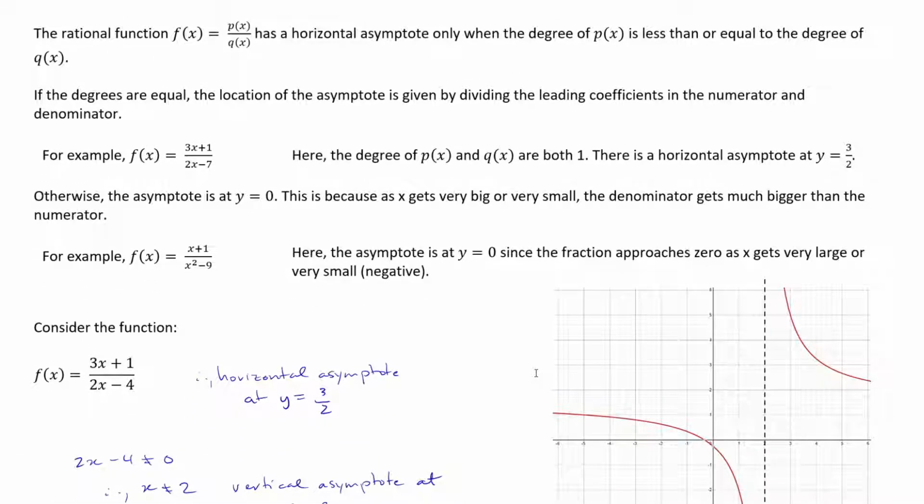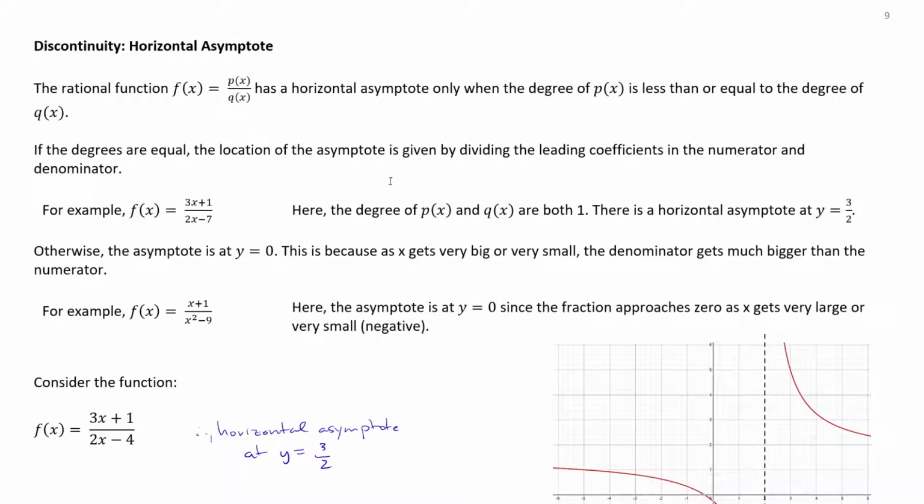Okay, discontinuity, horizontal asymptote. So there's a couple of things here. The rational function has a horizontal asymptote only when the degree of the numerator is less than or equal to the degree of the denominator. So when the numerator and the denominator have the same degree, we have a horizontal asymptote.